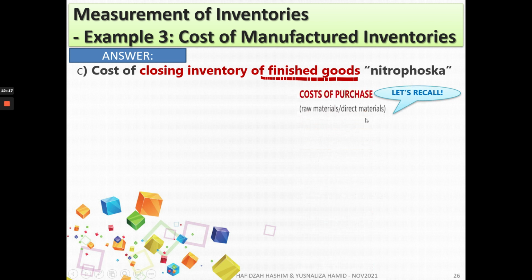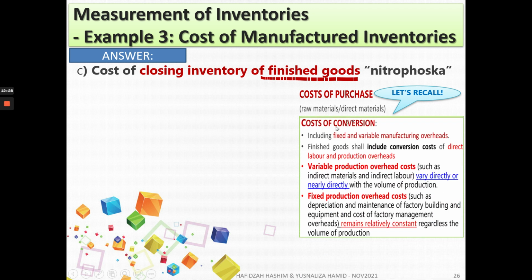Let's recall the cost of purchase under the cost of manufactured inventories. Normally we have purchased some raw materials or some direct material. It must also include some cost of conversion. This is from the previous lecture in the first video, which includes fixed and variable manufacturing overhead. It will also include some direct labor and production overhead.